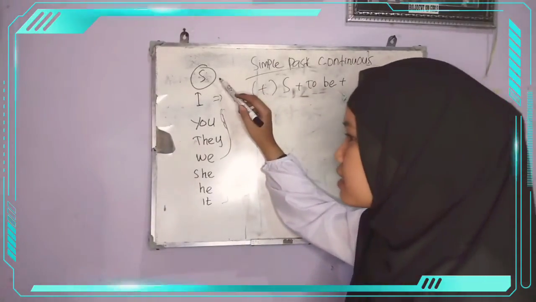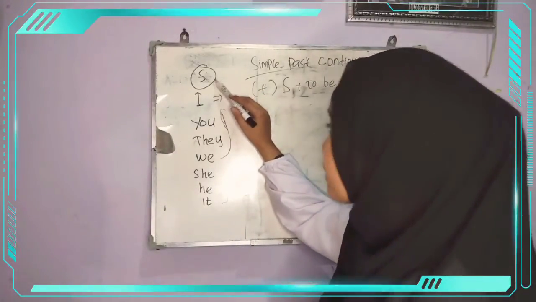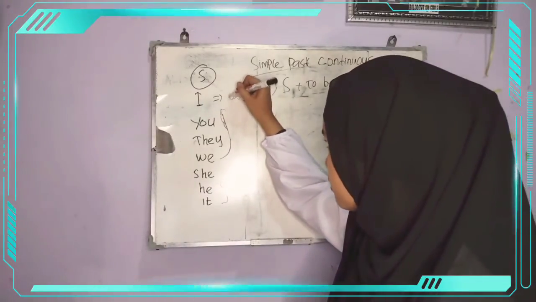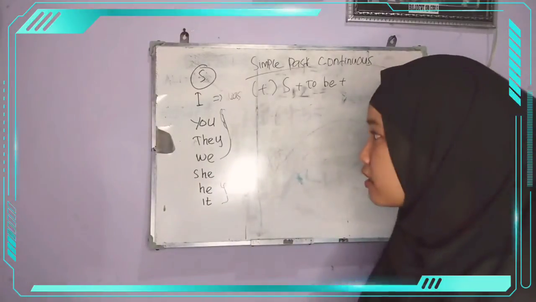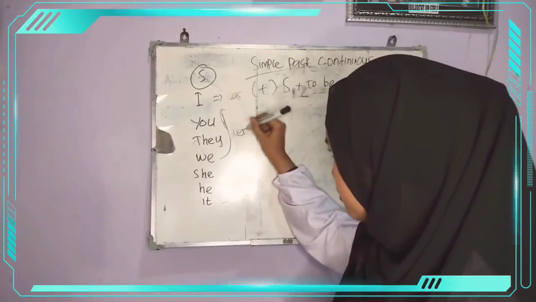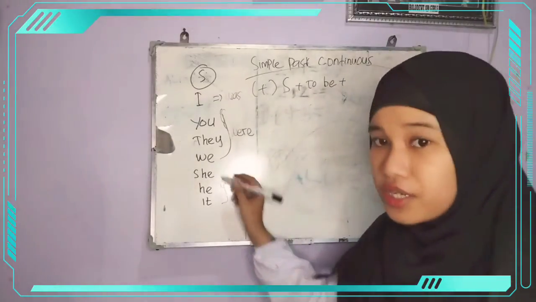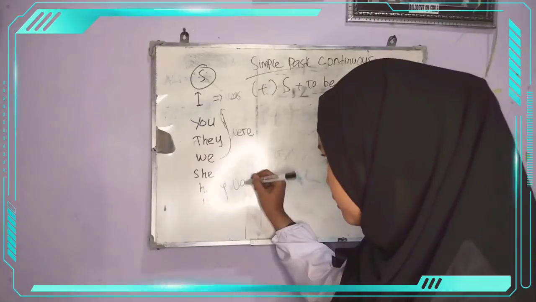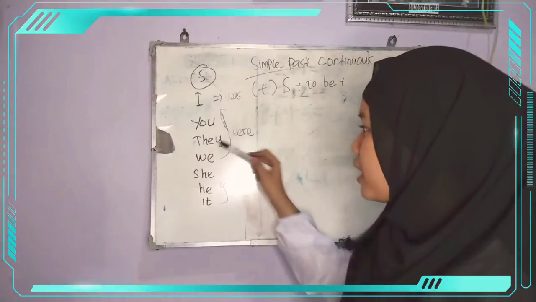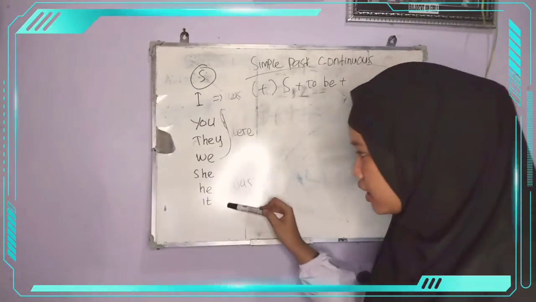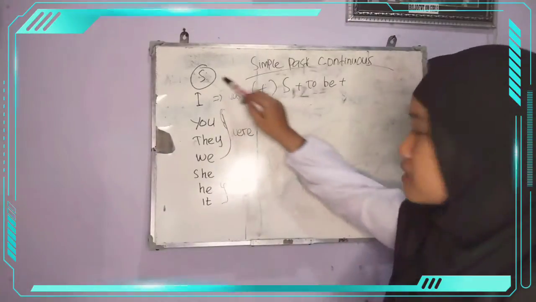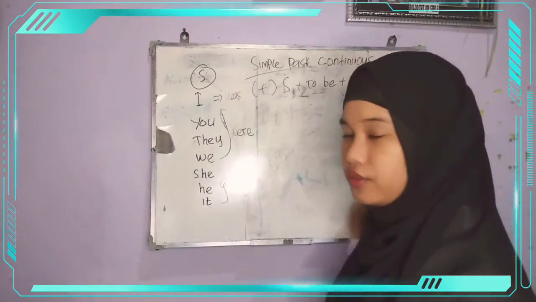For the subject, to be: I is was. You, they, we are were. She, he, it is was. I use was. You, they, we use were. She, he, it use was. This is the to be for simple past continuous.